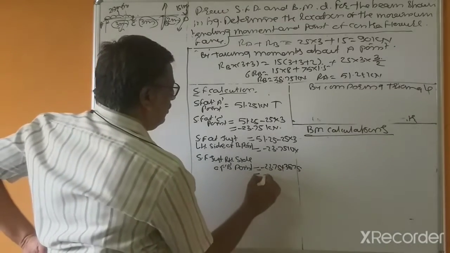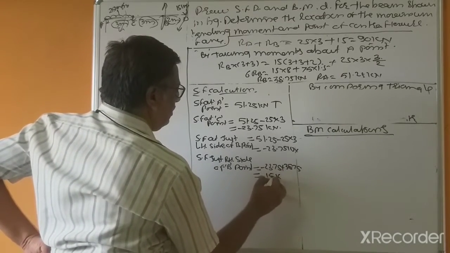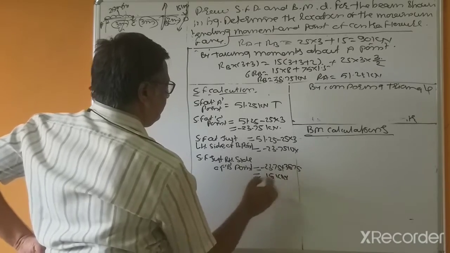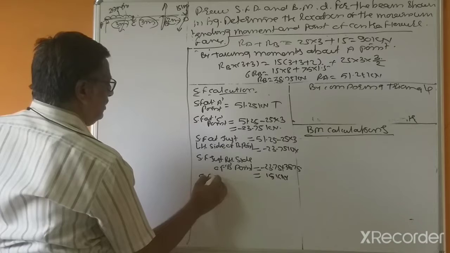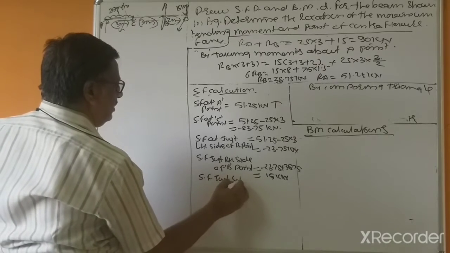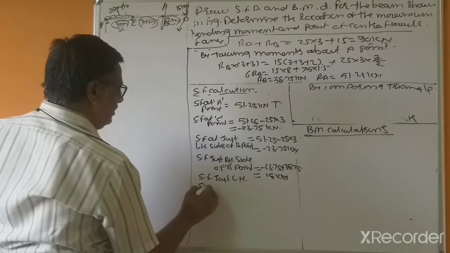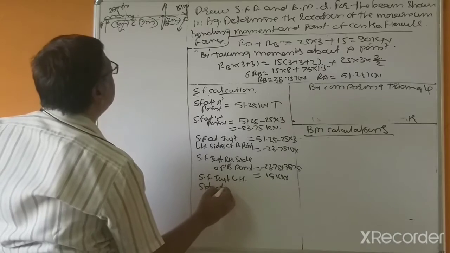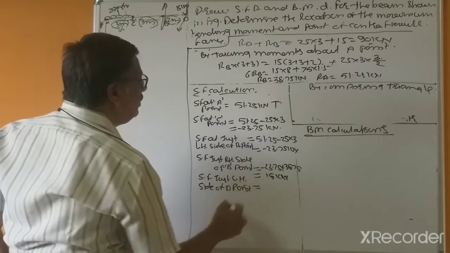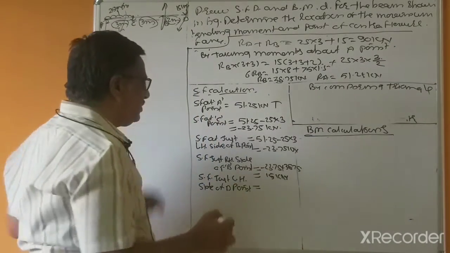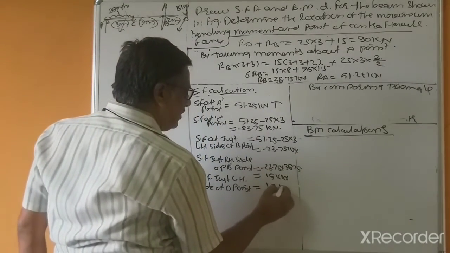This is equal to 15 kilonewton, and the shear force just left of D point, because there is no other force, is 15 kilonewton.